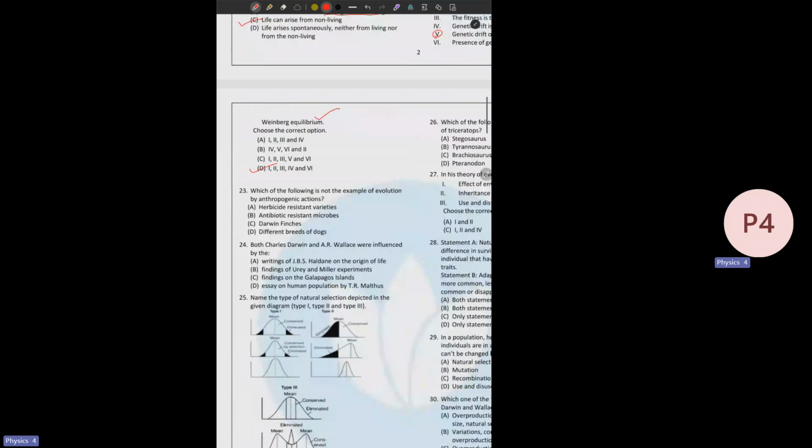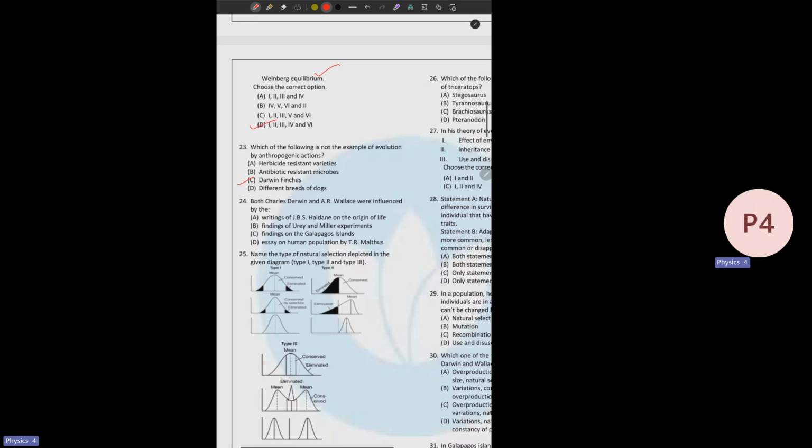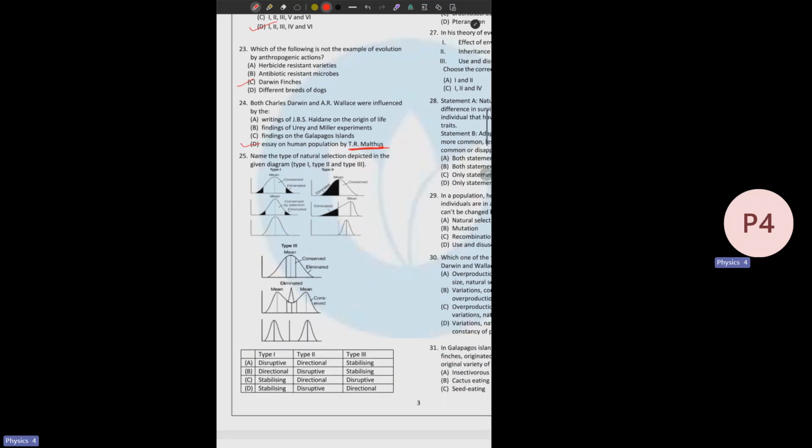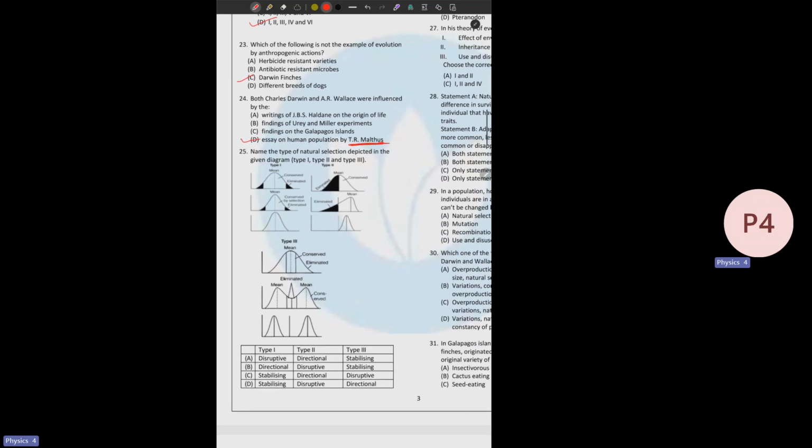Next, which of the following is not an example of evolution by anthropogenic actions? That is Darwin's finches, it was natural, right? Both Charles Darwin and Wallace were influenced by the Essay on Human Population by T.R. Malthus. Next, this diagram clearly indicates the disruptive.